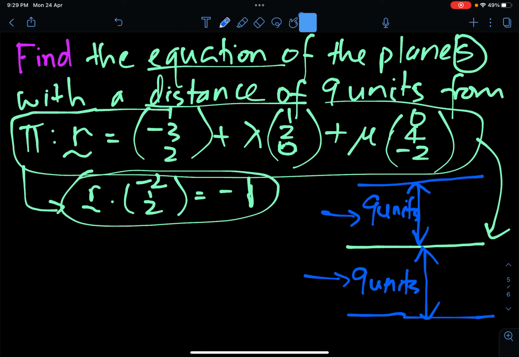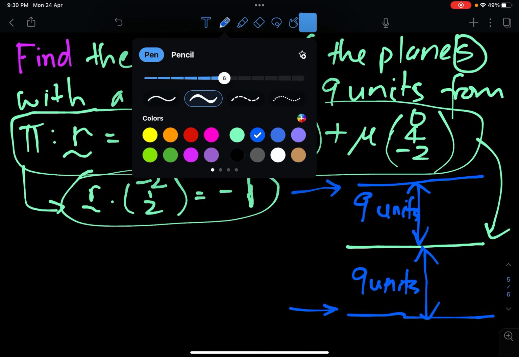You are told that the two planes, the purple planes, are 9 units from this yellow plane, and you want to find the vector equation of this plane and this plane.